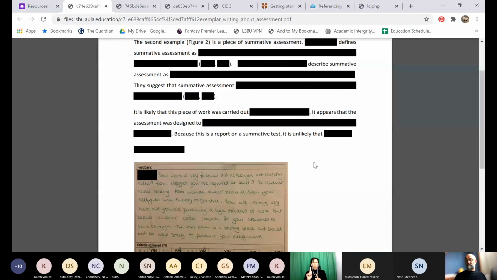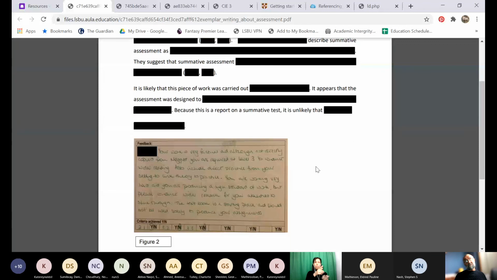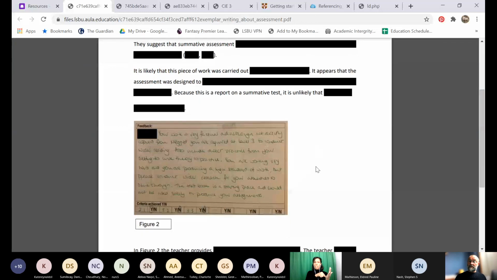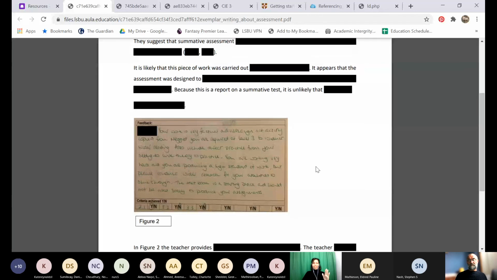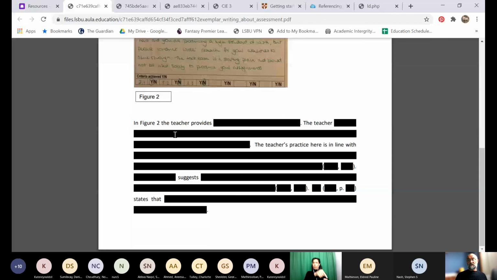And then because this is a report on a summative test, it is unlikely that this may have a significant effect on the pupil's learning. It's very summative. I don't know to what extent the pupil gets a chance to build on this next time. And then you've got some further analysis there in figure 2 the teacher provides.